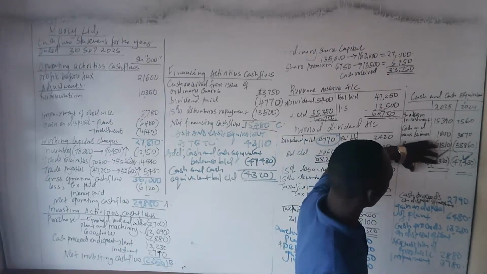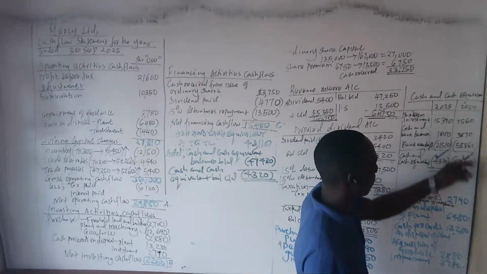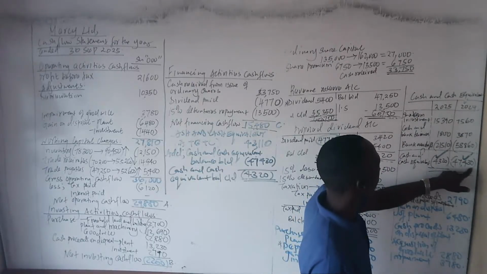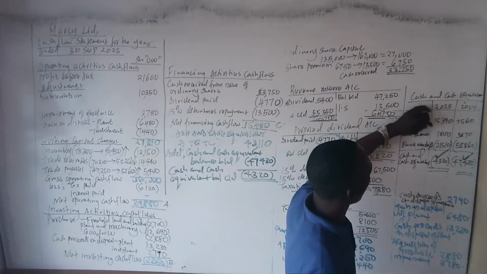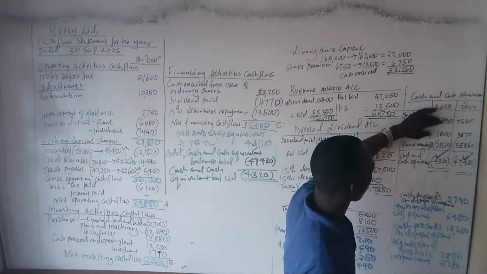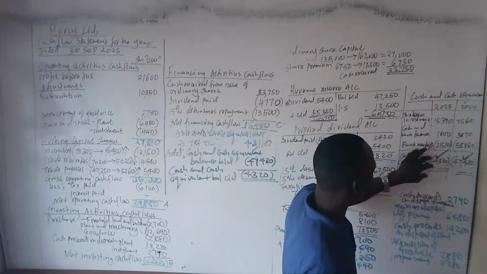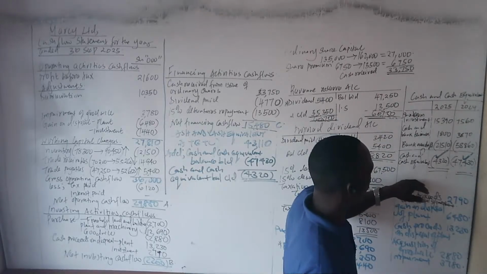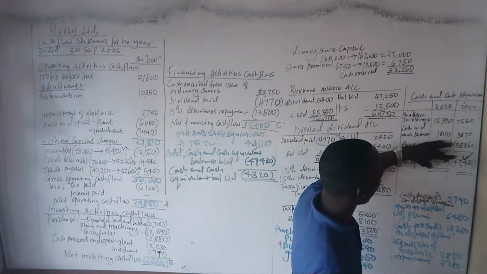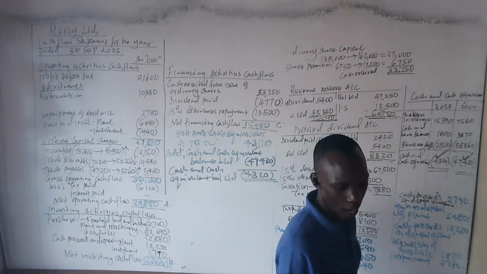So our cash and cash equivalent is a bank overdraft of 47,430. When we go to the current year, 2025, after accumulating all of them, we are still getting a bank overdraft of 4320.